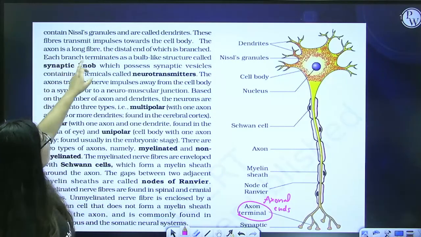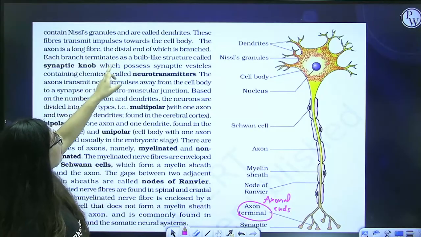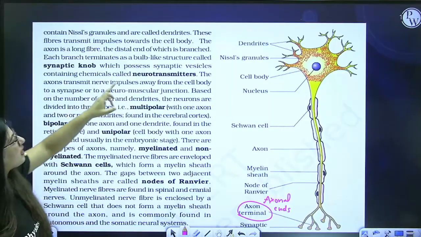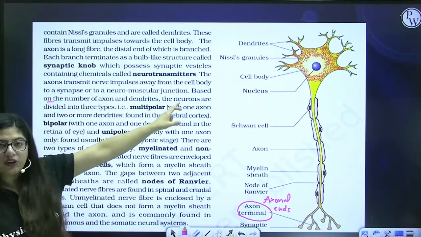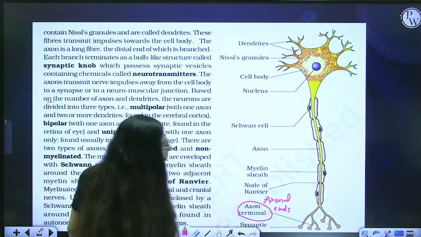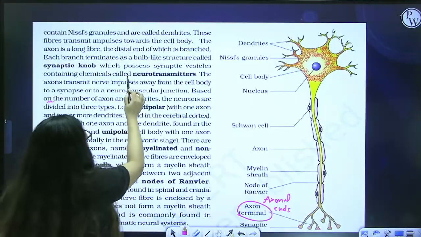The axon is a long fiber, the distal end of which is branched. Each branch terminates as a bulb-like structure called synaptic knob, which possesses synaptic vesicles containing chemicals called neurotransmitters. So every end bulb has vesicles known as synaptic vesicles. Inside them are present chemicals known as neurotransmitters.